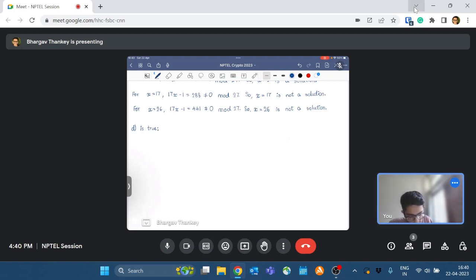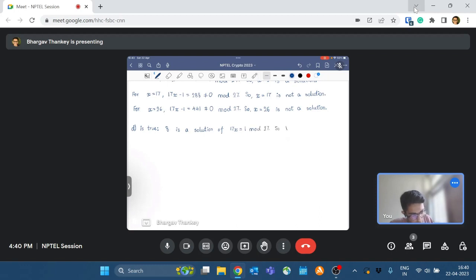So 8 is the solution of 17x equals 1 mod 27.